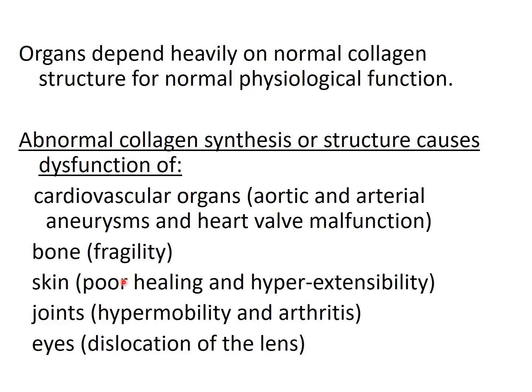In the skin, poor wound healing and hyperextensibility are signs of collagen disorders, while in joints, hypermobility and the development of arthritis can be expected with abnormal collagen structure. In certain collagen disorders the eye and the ear will definitely be involved, so dislocation of the lens, or hearing problems will be noticed.